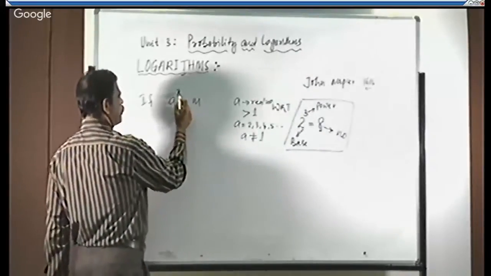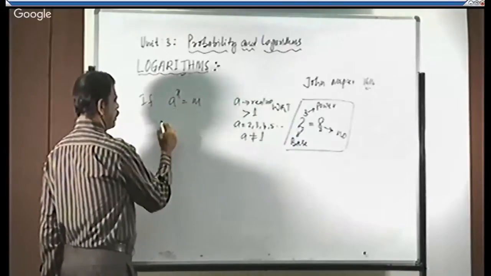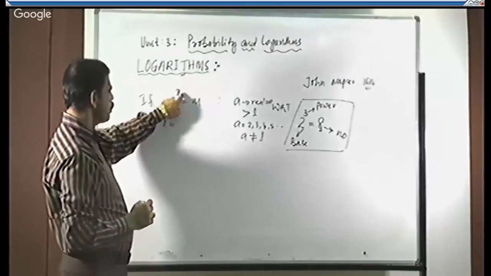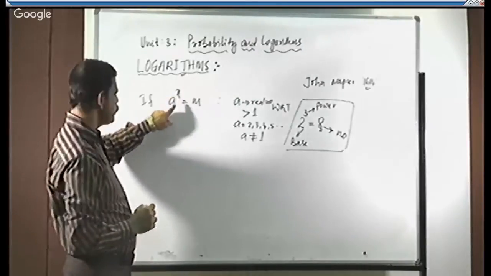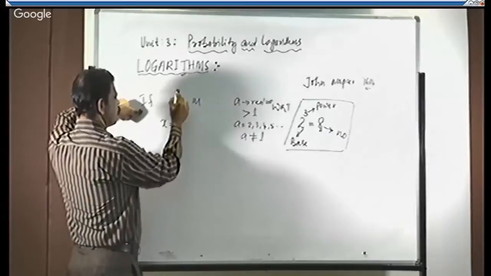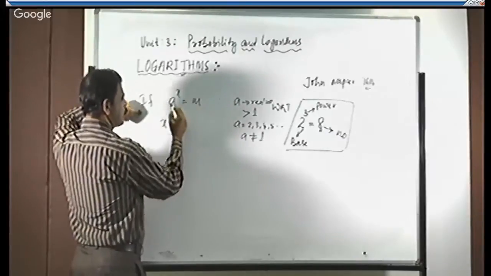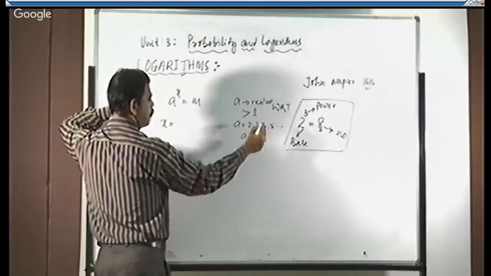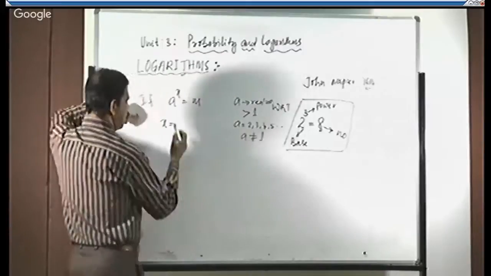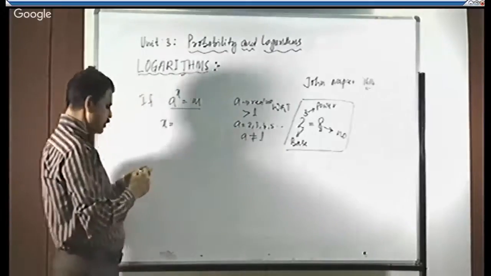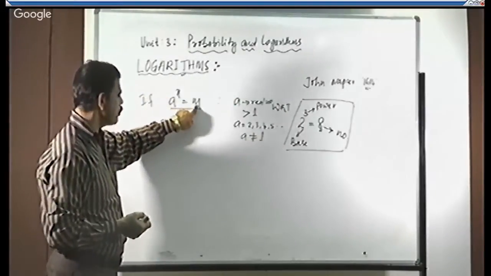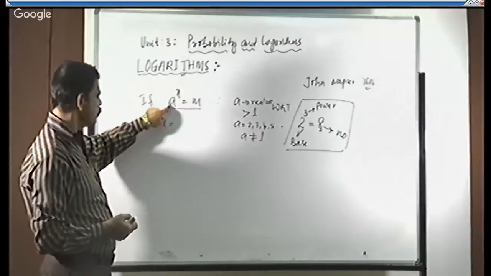So a to the power of x is equal to m. Then x will be called the logarithm of m to the base a. So the definition of logarithm is: if a to the power of x is equal to m, where a must be a real number, 2, 3, 4, 5, not negative numbers, and it should not be equal to 1, then the index or the power will be the logarithm of this number to the base a.